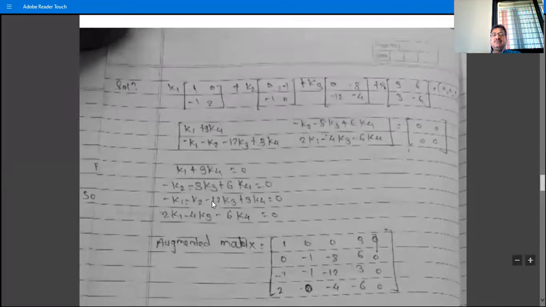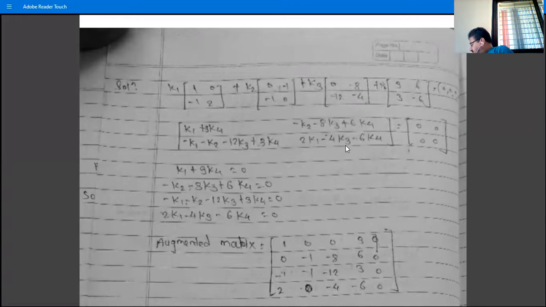After comparing LHS and RHS, we have k1 plus 3k4 is equal to 0, then -k2 minus 8k3 plus 6k4 is equal to 0, then -k1 minus k2 minus 12k3 plus 3k4 is equal to 0, and similarly 2k1 minus 4k3 minus 6k4 is equal to 0.